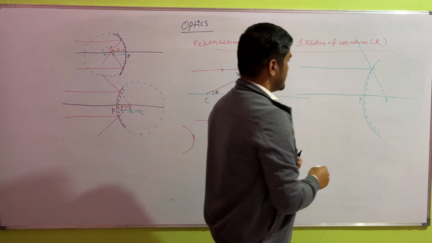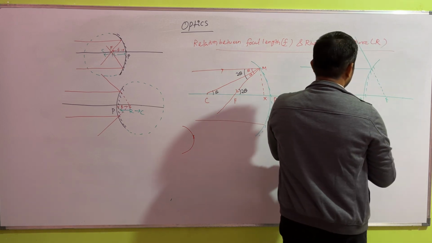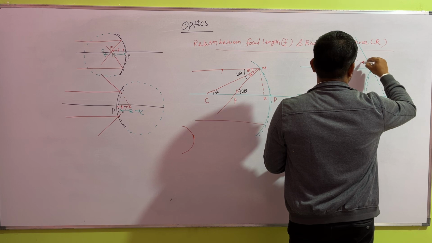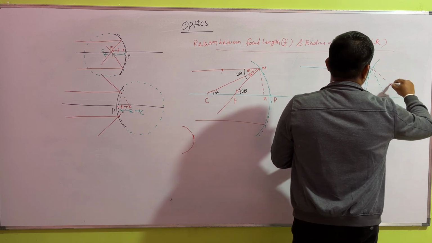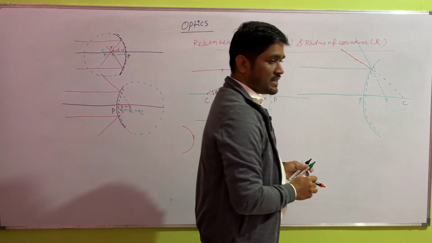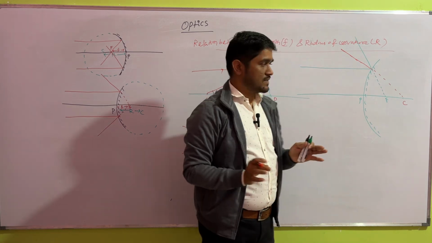And another ray that passes through the center of curvature moves undeviated. That means this is the ray that passes through the center of curvature, which will act as the normal to the surface.